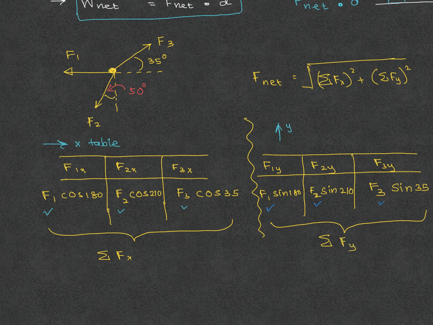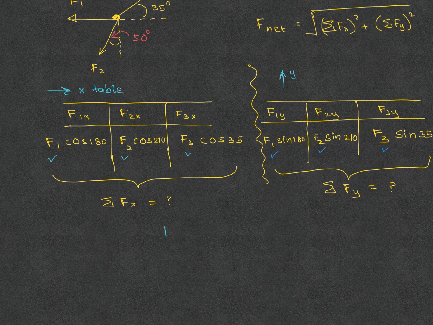Once you get the values for the net x over here and net y over there, then you can substitute both of those in the equation to find F net. So F net is going to be the square root of the sum of Fx squared, as we said earlier, plus the sum of Fy squared.